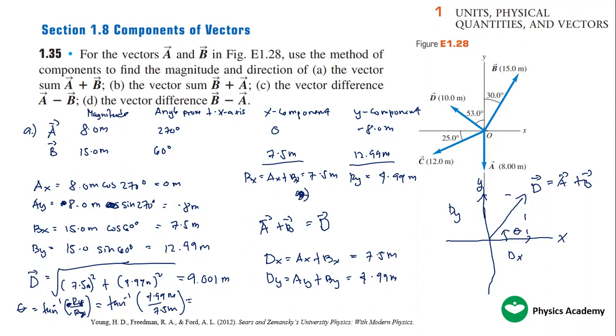So the angle is 33.6 degrees. So theta here is 33.6 degrees, and the magnitude of our vector D, A plus B, is 9.001 meters. So that's for letter A.